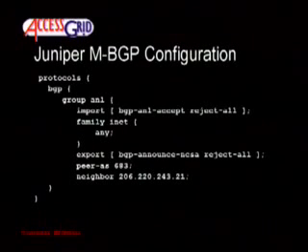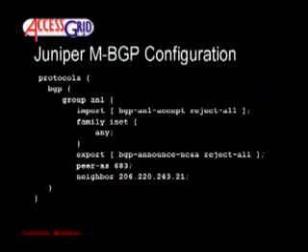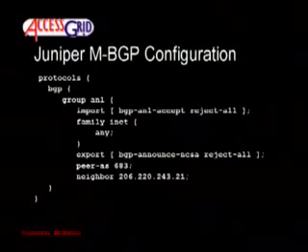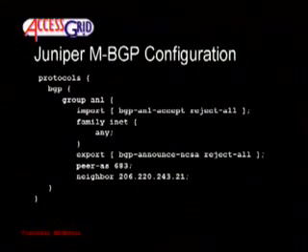Here's where you set up a peer if you have a Juniper. In protocol BGP, this is a peering with one of my peers at Argonne where I work. We've got the policy, what prefixes you're going to accept from them, what prefixes you're going to announce to them, what their peer autonomous system is, what their IP address is. Again, this is very similar to a unicast peering.